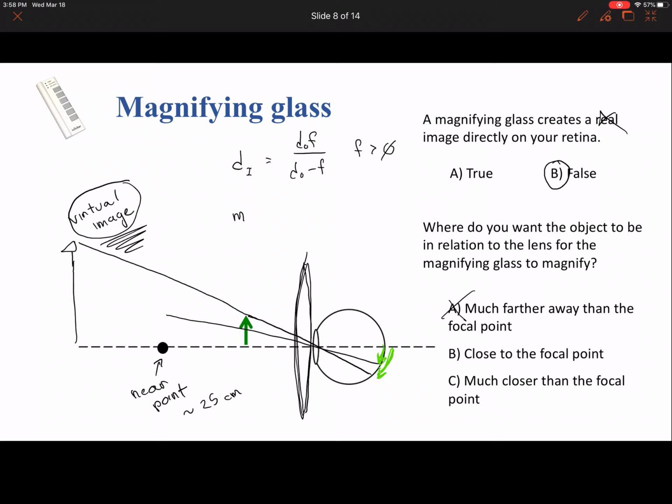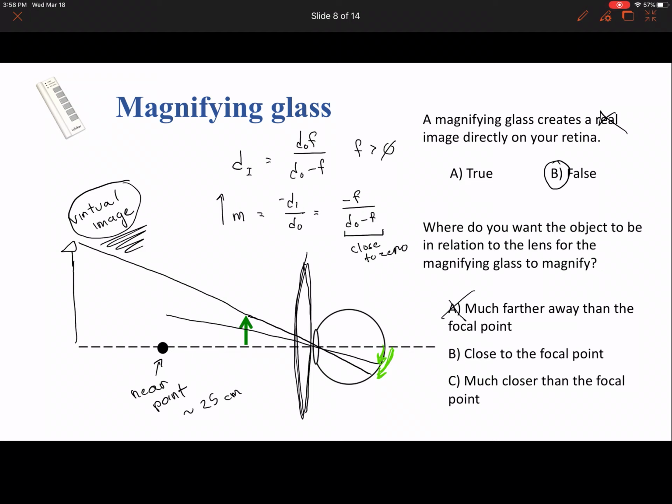I know that the magnification that this lens will introduce is going to be minus d_i over d_o. And if I plug this equation for d_i into that, I'm going to cancel out a d_o and just get minus f over d_o minus f. Here's the thing. If this denominator gets close to 0, m gets very large. So I want this close to 0.